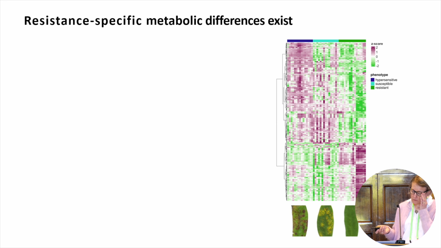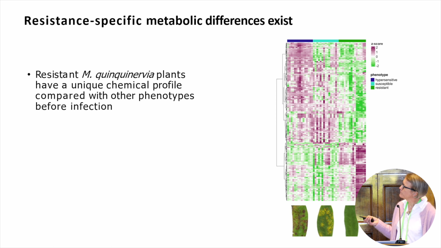So then we looked specifically at the differences in the plant cells before infection, at that day 0 point, because we wanted to know whether there was some kind of chemical difference between the plants even before infection had occurred.